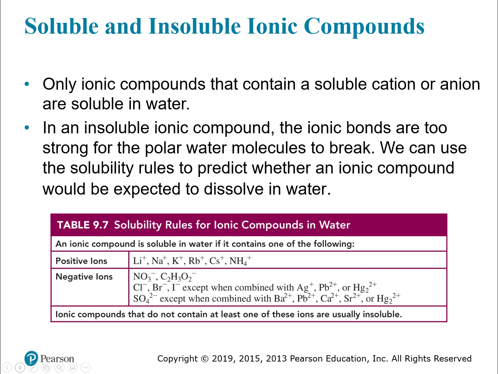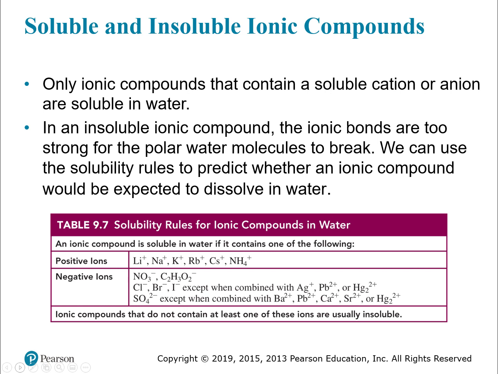If something's insoluble, then the ionic bonds that are holding the compound together are too strong for the water to get in and break it up. The ionic compound is not interested in interacting with the water because it's got some great interactions within itself. And there's a set of rules called the solubility rules that we can use to determine whether an ionic compound would be expected to dissolve in water.